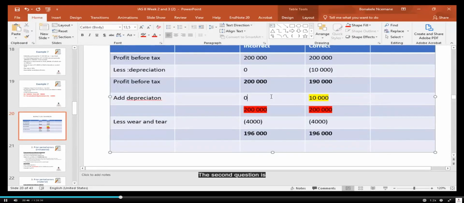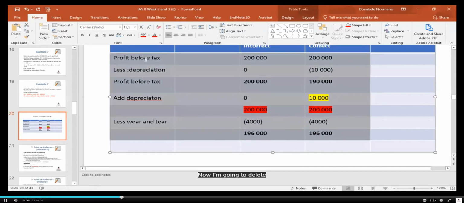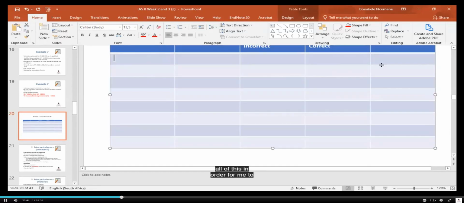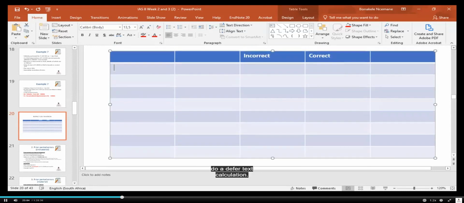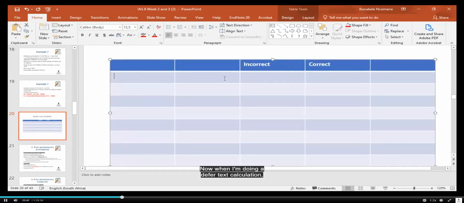Now, the second question is, we need to do a deferred tax calculation. I'm going to delete all of this in order for me to do a deferred tax calculation. Now, when I'm doing a deferred tax calculation, what do I have? CA stands for what? The carrying amount, right?